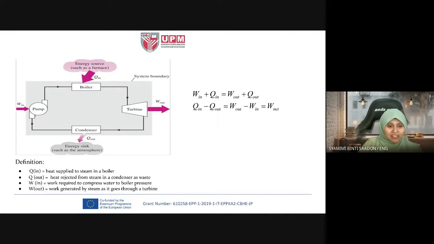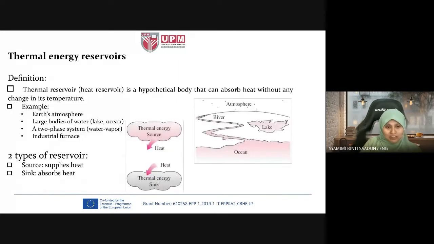So for water, it cannot enter the pump, because the phase of the working fluid within the pump is liquid. The pump can compress liquid. But the working fluid exiting the turbine is vapor. So we cannot just transfer it from the turbine output to the pump.